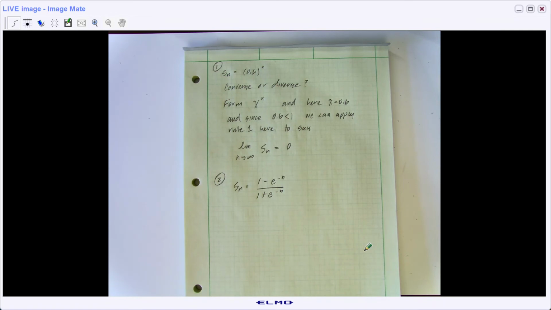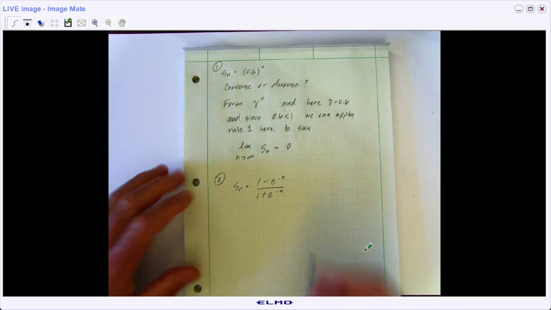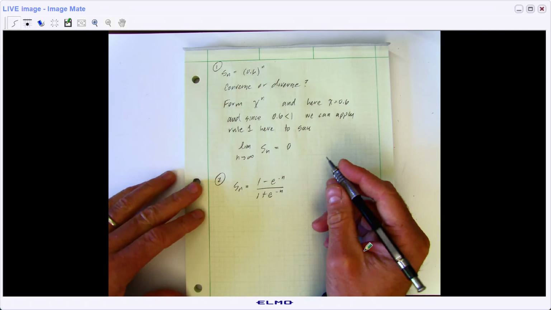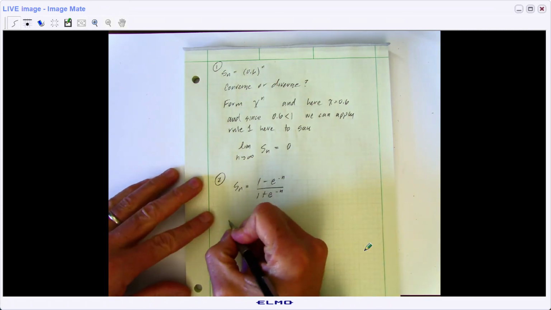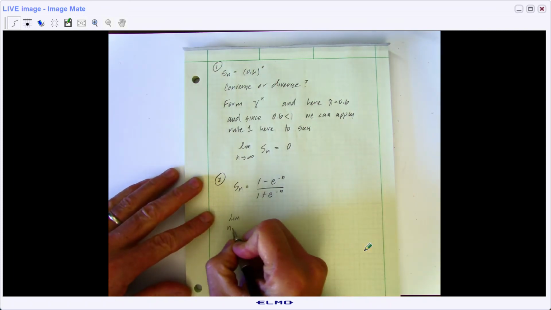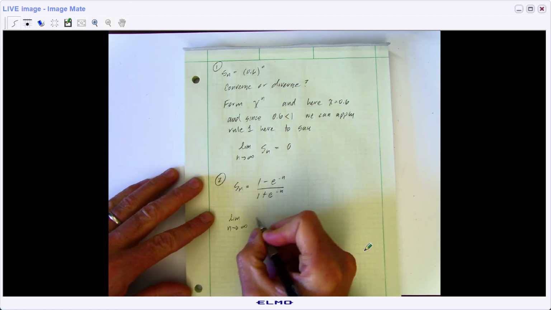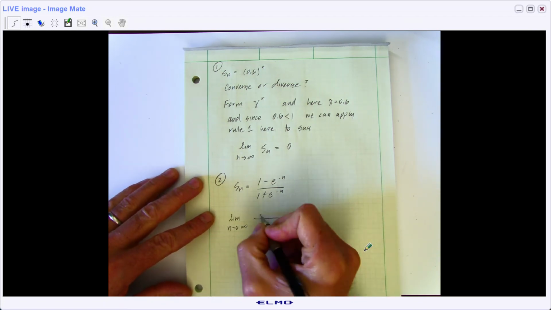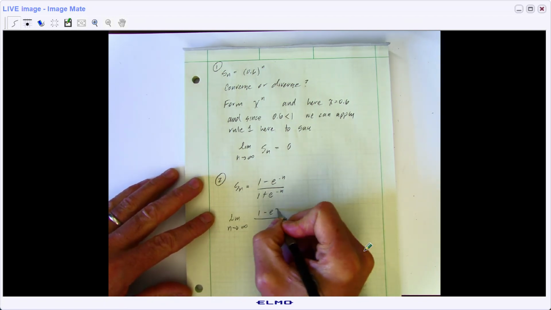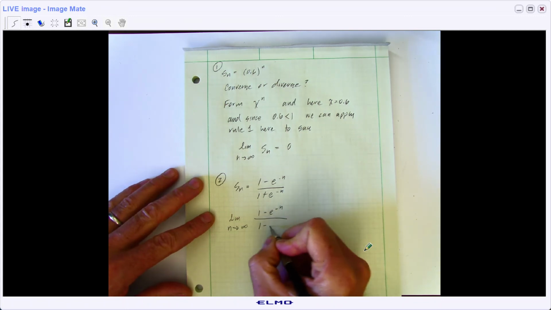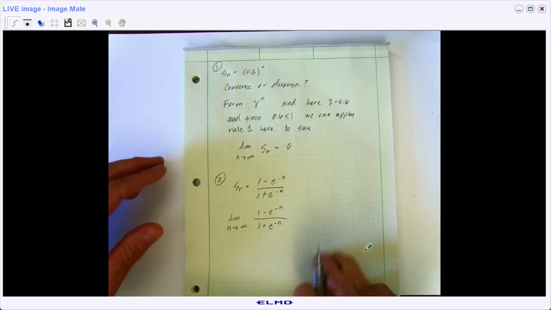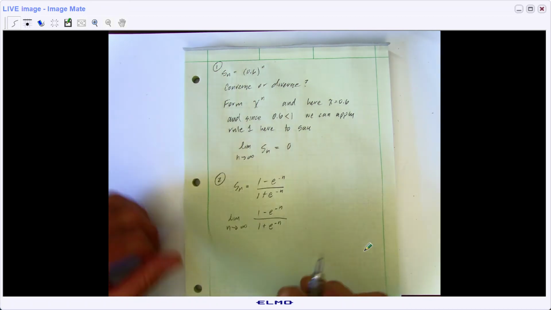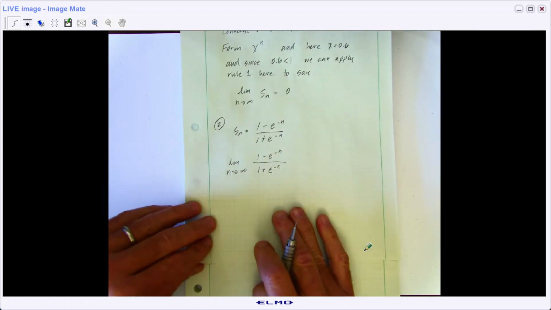Well, this one's a little bit harder to see up front. So let's just think about it from a limit standpoint. If we want to take the limit as n goes to infinity of this fraction, 1 minus e to the negative n, oh, but it's plus down below, then we can use some of what we know about limits.